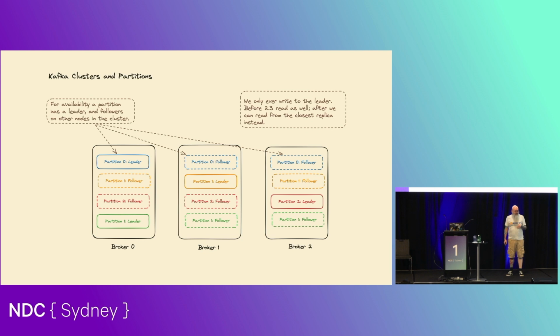Okay. So we only ever write to the leader. Before about Kafka 2.3, you only ever read from the leader as well. The followers are just there to let you essentially have resilience in the event of failure. But from 2.3 on, we can read from followers.